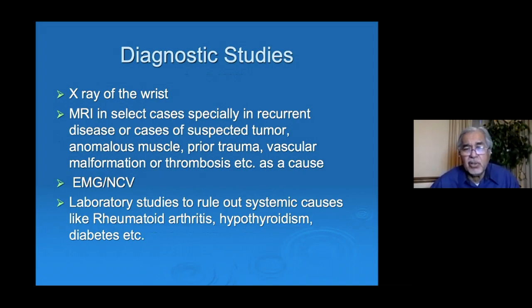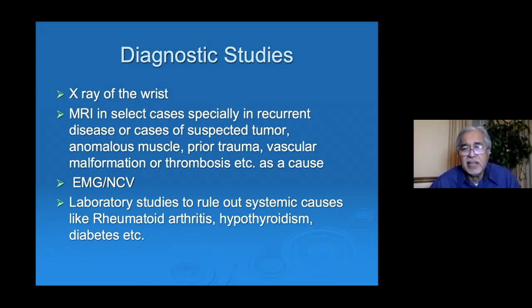Diagnostic studies, though not absolutely needed: an X-ray of the wrist is indicated when the patient has a history of old wrist injury or surgery in the wrist. One has to rule out that that's not the cause of the median nerve compression.